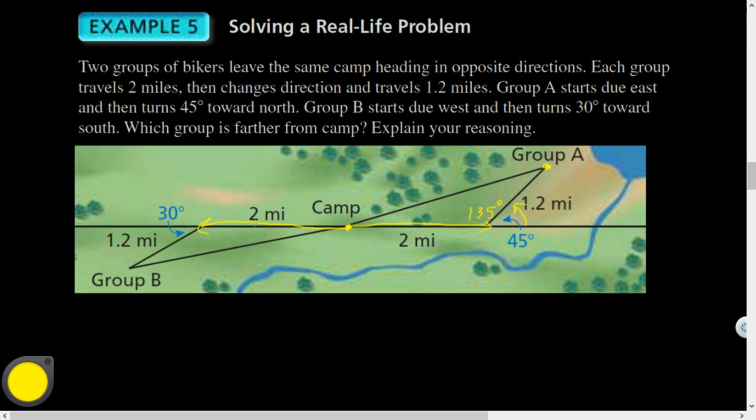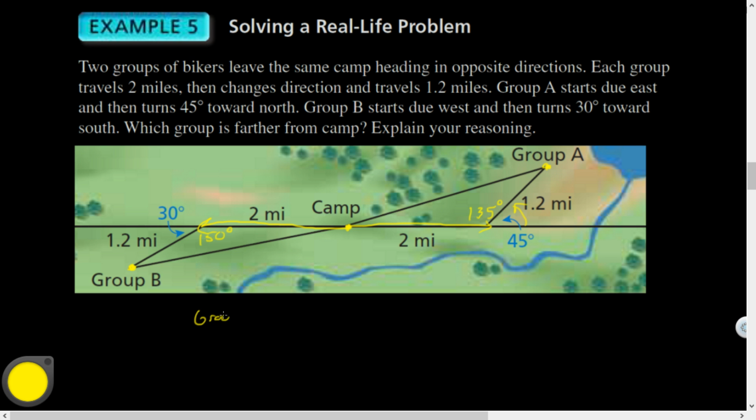The other group traveled 2 miles heading west, then turned 30 degrees towards south for 1.2 miles. And what would this angle be? 150. So they travel 2 miles, then 1.2, 2 miles, then 1.2. The question is, who is farther from the camp?